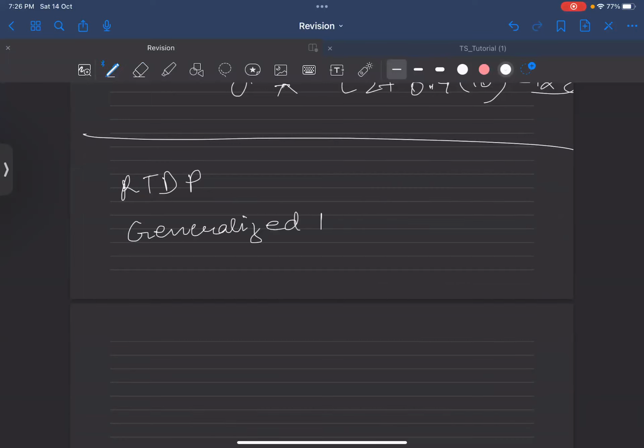Why did they come into the picture? What was the limitation in value iteration and policy iteration? They both have their pros and cons. Sometimes policy iteration works better, sometimes value iteration works better. They came under one thing to solve the MDP. Why did RTDP and generalized policy iteration come into the picture?